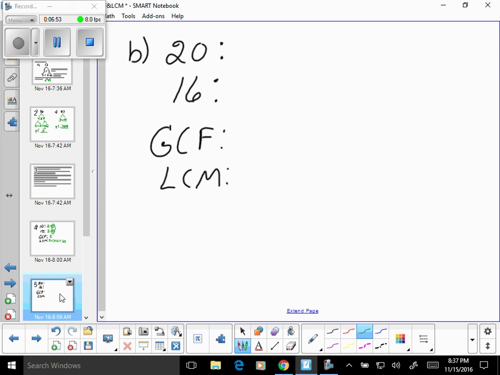20. If you have to do a little factor tree, go ahead and do it. But the bottom line of the factor tree is going to be 2 times 2 times 5. And I found over the years that if you can do the ascending order, it's much faster to do these. 16. Well, that's 2 to the 4th power, which means it's 2 times 2 times 2 times 2.